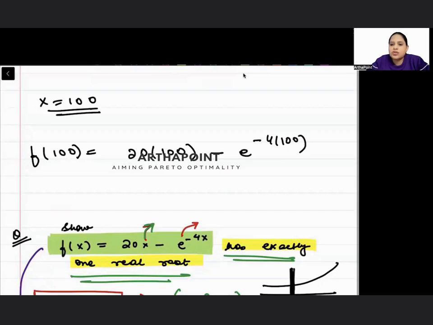You will get some positive answer. ठीक है. So this will become 2000 minus e to the power minus 400. ठीक है, इसको आप एक बारी कैलकुलेटर पे करके देख लेना. So when you solve this, 2000 minus e to the power minus 400.